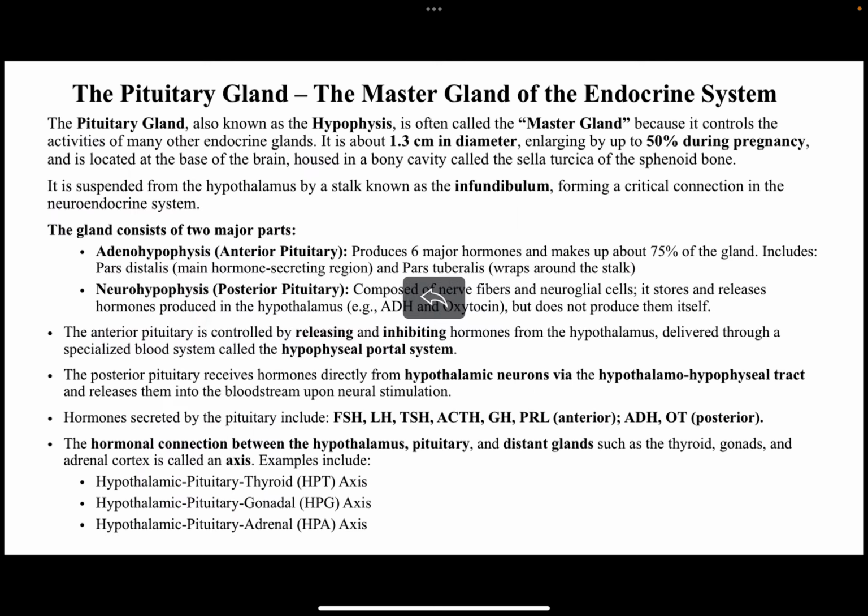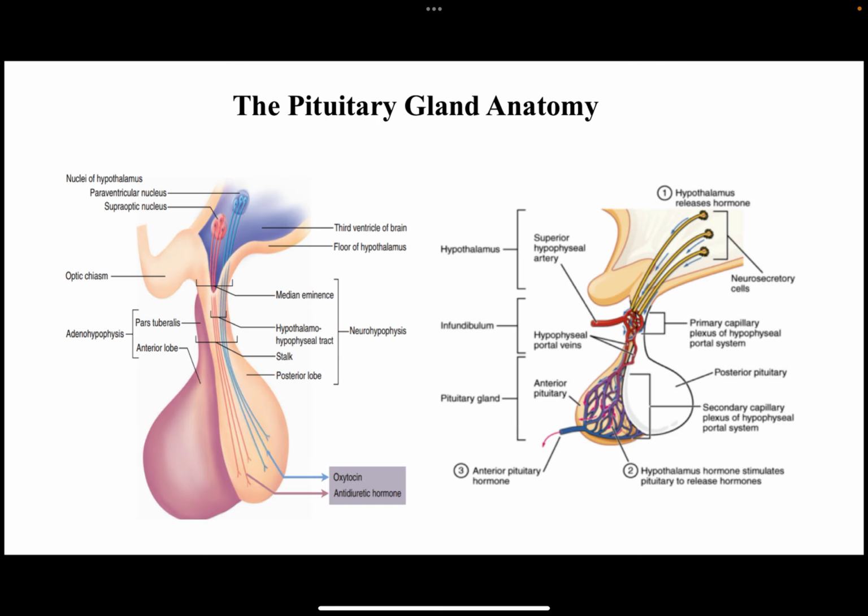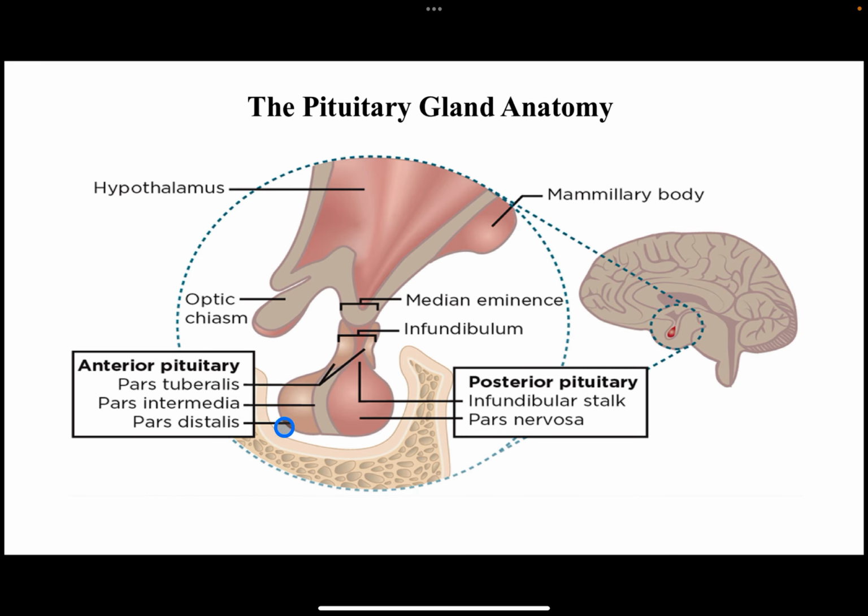And then the main hormone secreting part is what we call the pars distalis. If you come over to this part, it is the pars distalis, more like the main body of the anterior pituitary itself.